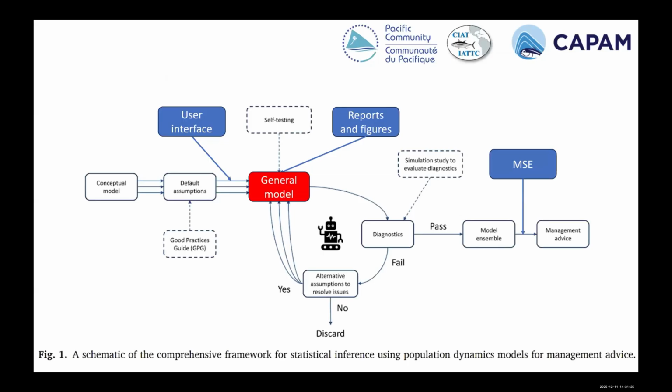I don't know if that's a ChatGPT icon in the middle there, but you tell it, okay, drop that assumption and try this one, and it does it for you. That's literally the way I think it's going to go in the very near future, rather than having to think too much about it.